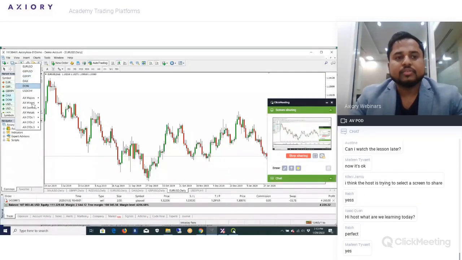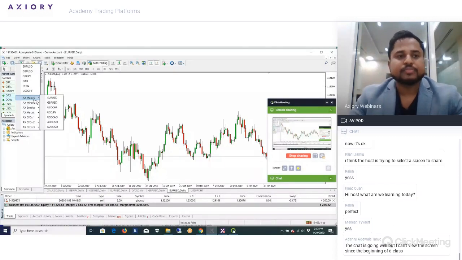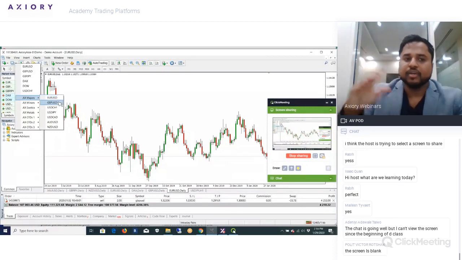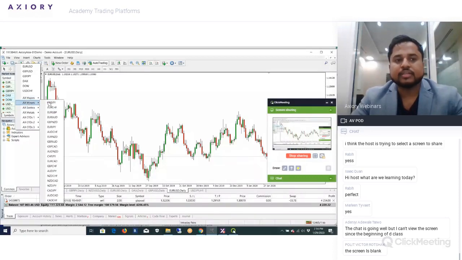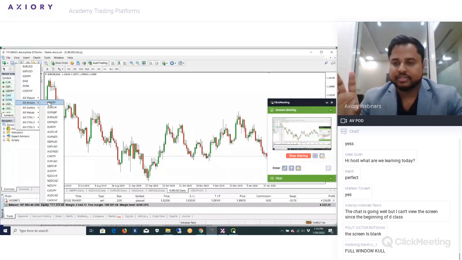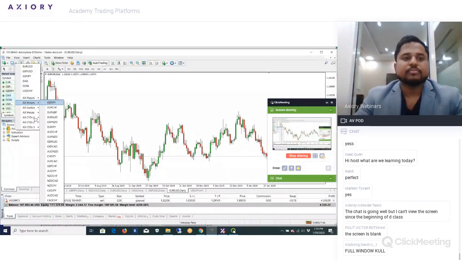So this is the area where we select the currency pairs. As I told you previously, this is the area where we take the symbols. Here we have all the USD pairs, for example, euro dollar, pound dollar, like that. And we can take all the other currency pairs except the dollar ones.